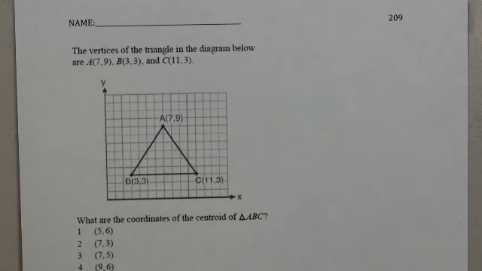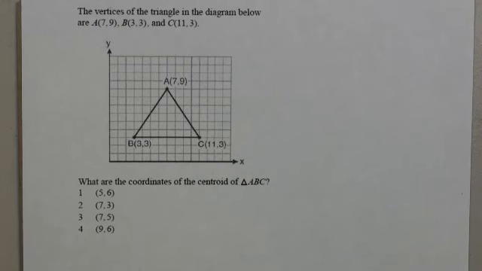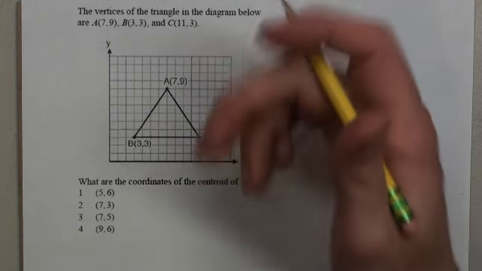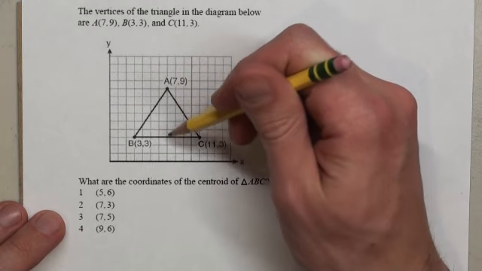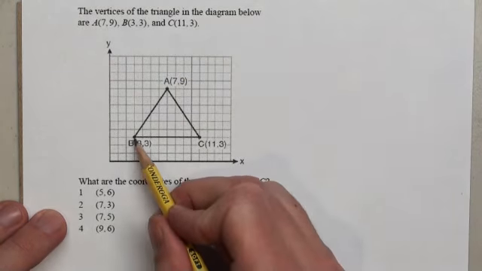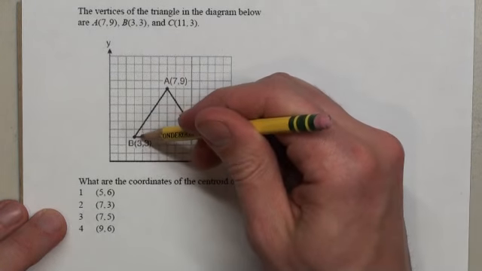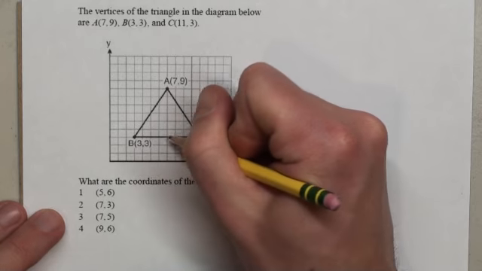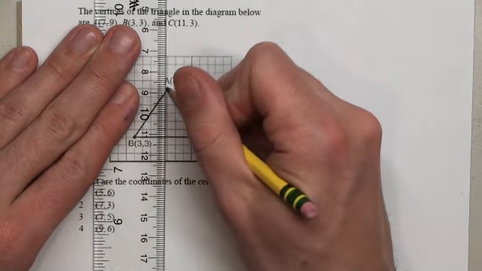The vertices of the triangle in the diagram below are given and they're plotted. Okay. So what are the coordinates of the centroid of triangle ABC? Remember, the centroid goes from the vertex to the middle of the opposite side. So if this side is 1, 2, 3, 4, 5, 6, 7, 8, then we go 4 over, 1, 2, 3, 4, and we make a line down there.